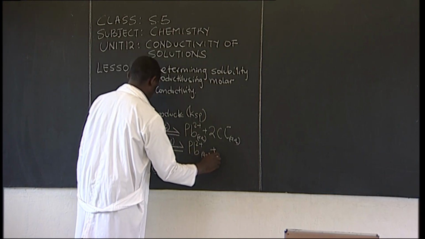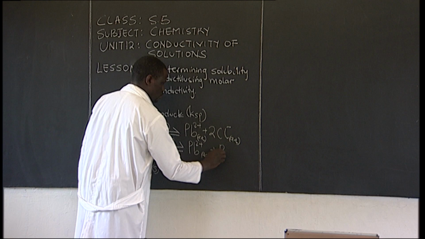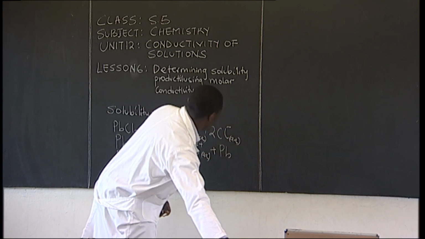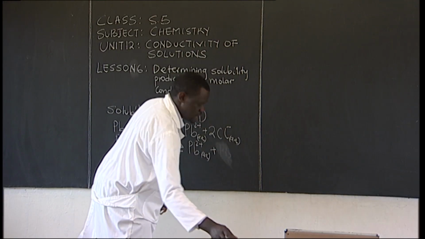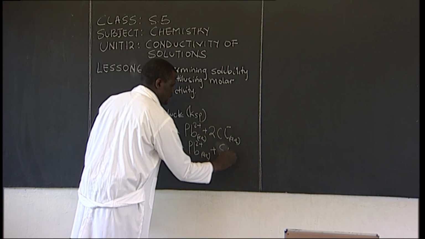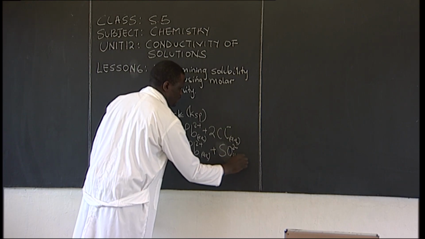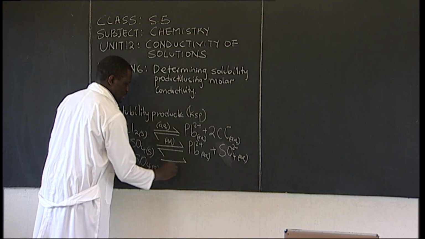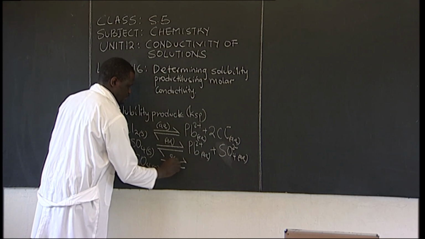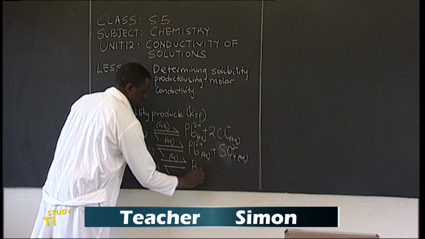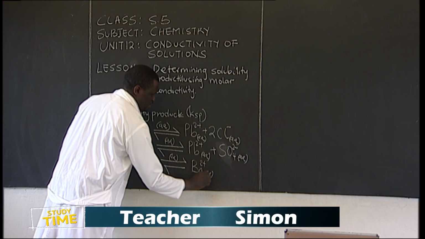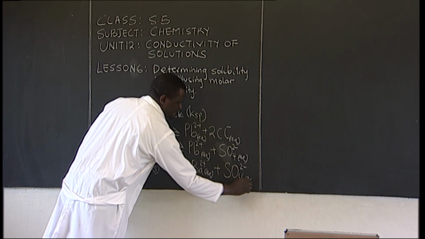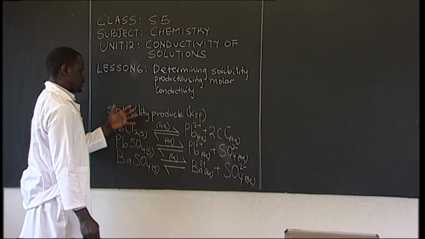We have sulfate 2 minus, aqueous. Then we also have barium, barium 2 plus aqueous, plus also sulfate. So these are equations for solubility.